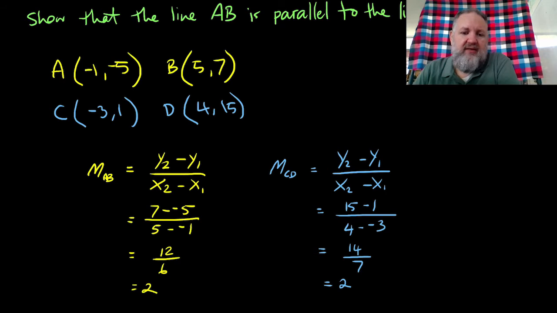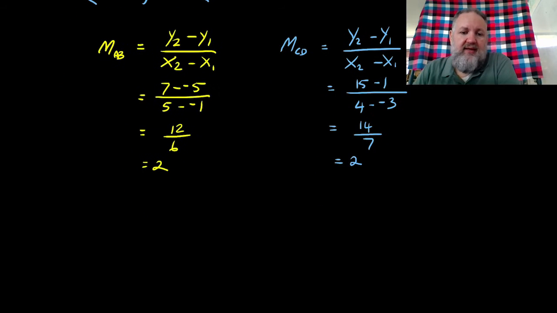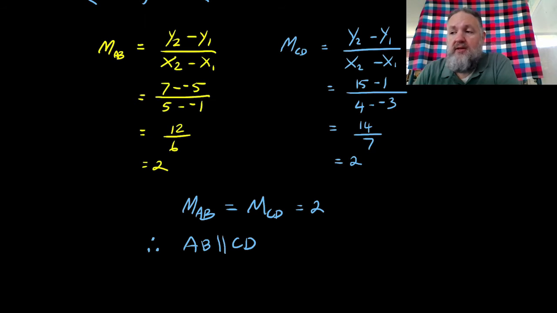Okay, so now because they are the same, we can say that the gradient of AB is equal to the gradient of CD, which is equal to 2. Therefore, the two lines are parallel. Now, I hope you can see this funny little symbol here between AB and CD. That is the symbol we use to represent the fact that they're parallel.